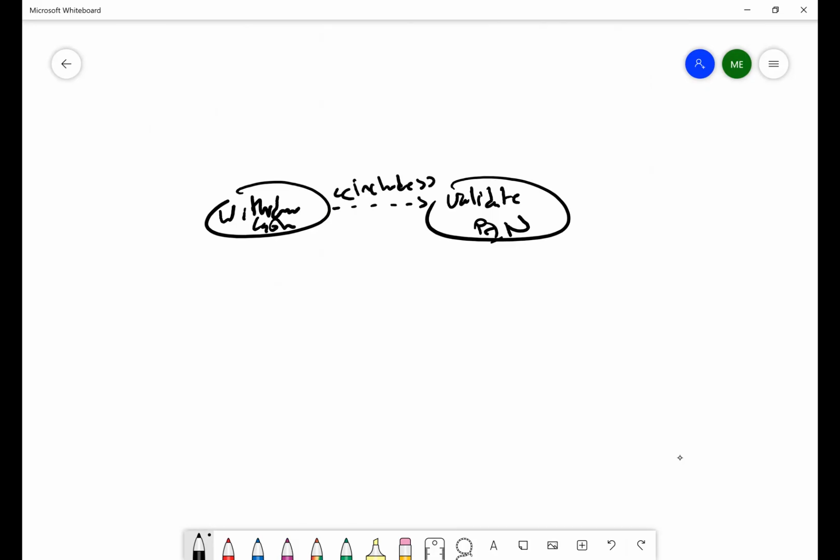Now, let me read this in a specific way. Cash withdrawal is something, it's an A. Validation of the pin is something completely different. With the reuse, I'm always adding two things together, the A plus the B. I cannot say that validating pin is a specific type of cash withdrawal.